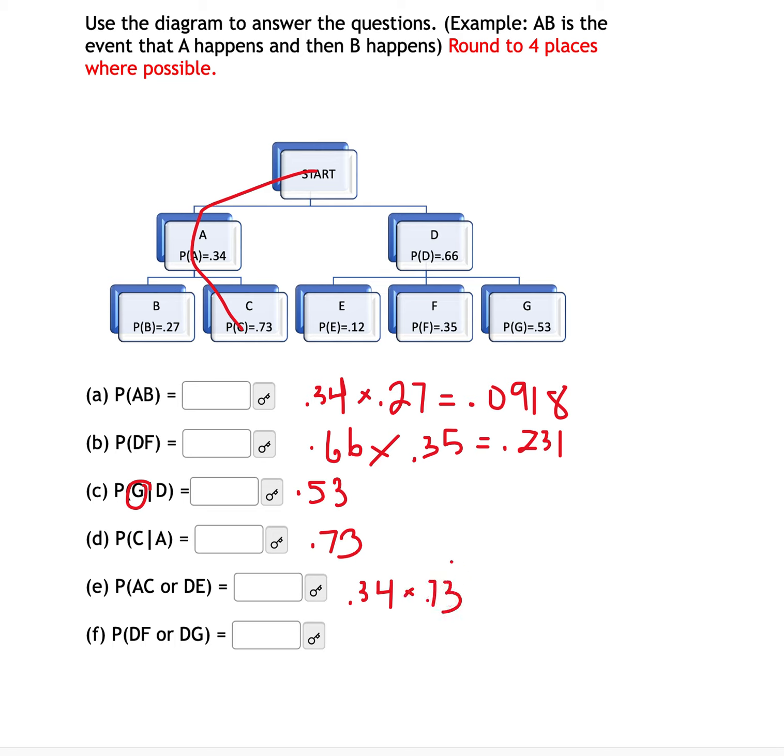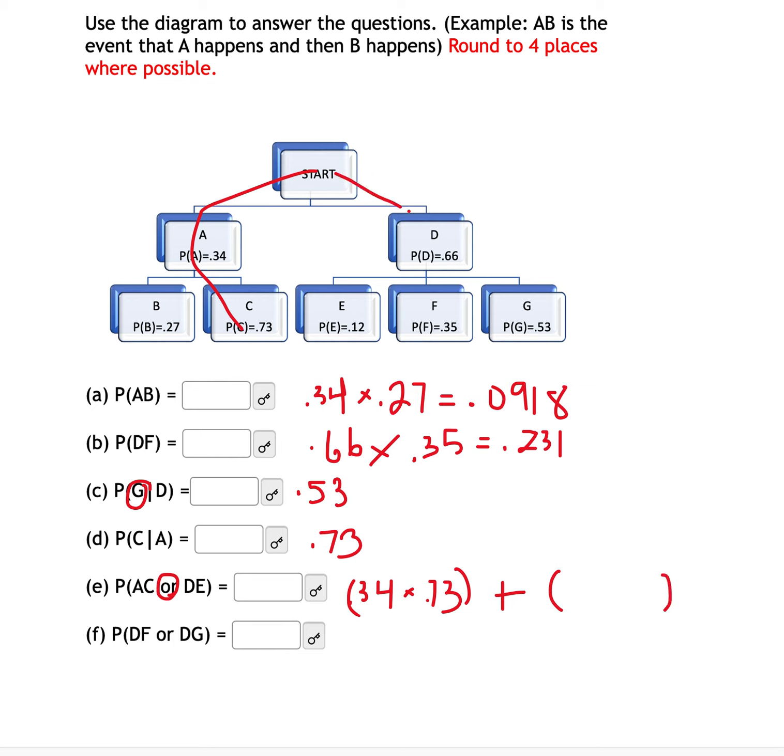That's my probability of AC, but then we also want to find the OR statement with the D and the E. And remember, OR means to add, so I'm going to take and find the probability of AC and then DE and add them together.